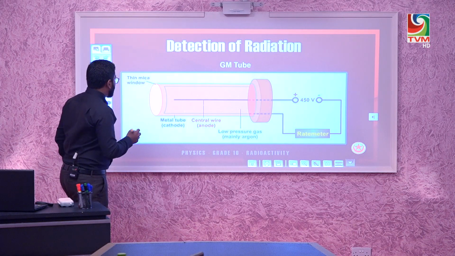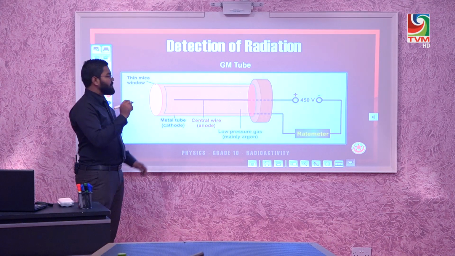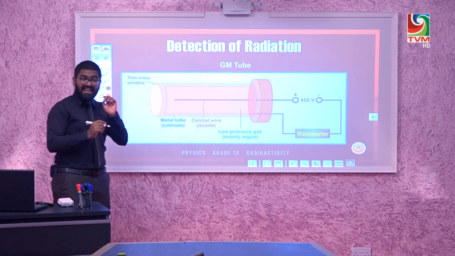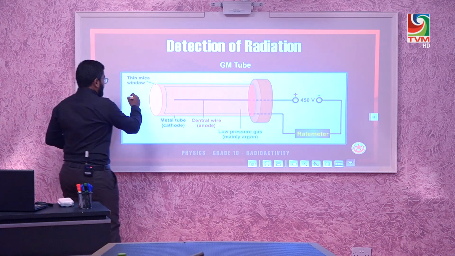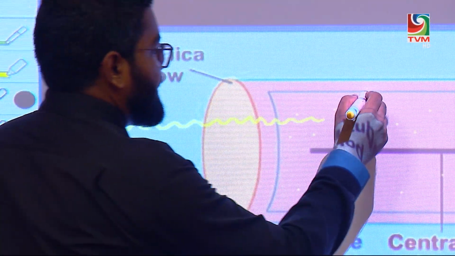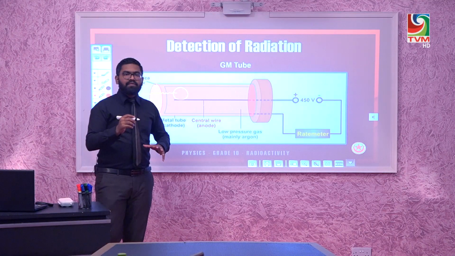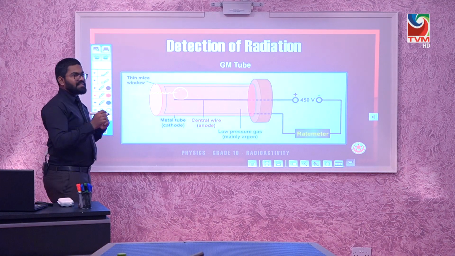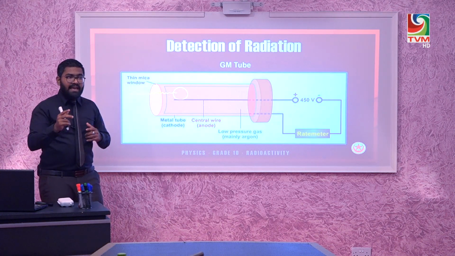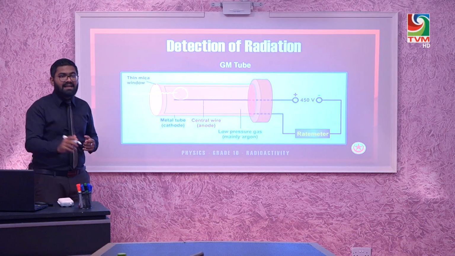When radiation passes through this thin mica window, you might be thinking, why can radiation pass through this window? It is very thin and very delicate, and it can easily break. So radiation can easily pass into the GM tube and ionizes the gas. As you have studied in chemistry, in electrolysis, when we dip 2 electrodes into an electrolyte, there is electron and ion movement inside the electrolyte, and it produces a current flow.